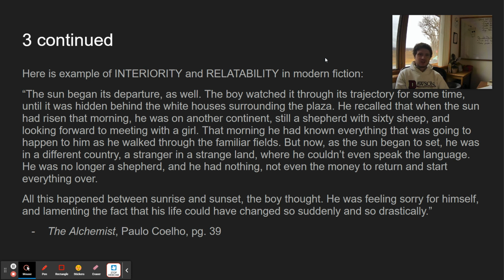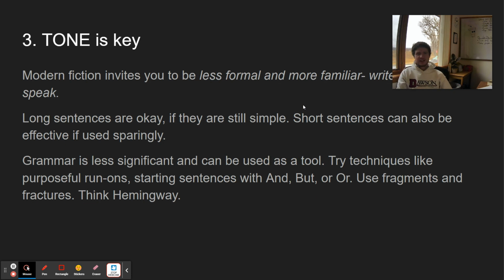I've totally had that experience of my day looking way different than I expected it to, and my life shifting. When you start thinking harder about it, some emotional moments in my life were just like this. So yeah, that's it. Relatability is key, y'all. Relatability is key. All right, next is tone.